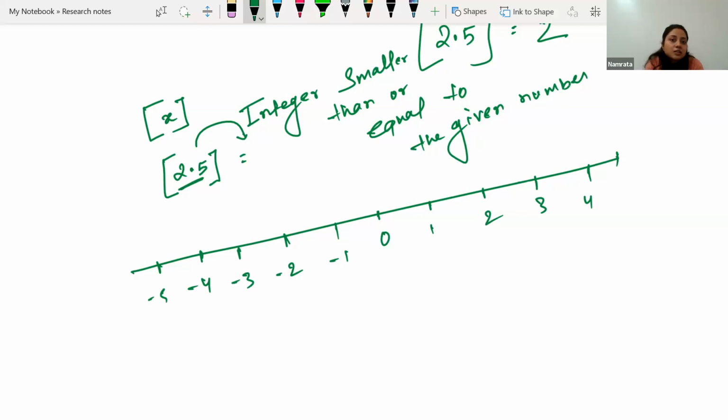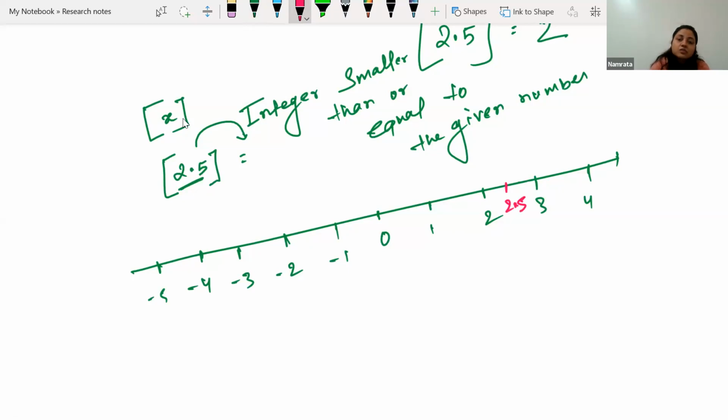The name is greatest integer function, so it will always give the result as an integer. Which integer? Whatever is smaller than or equal, the nearest smaller or equal integer, it will give as a result. You can see 2.5 is lying over here.